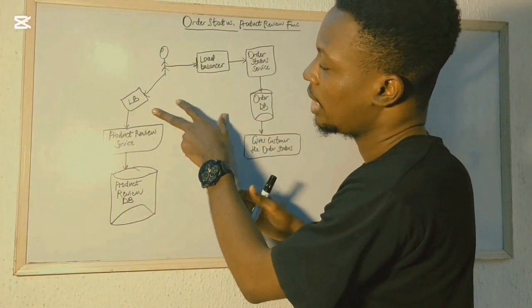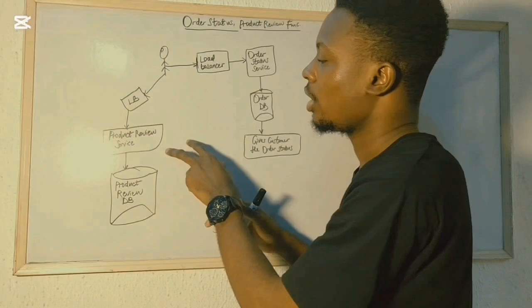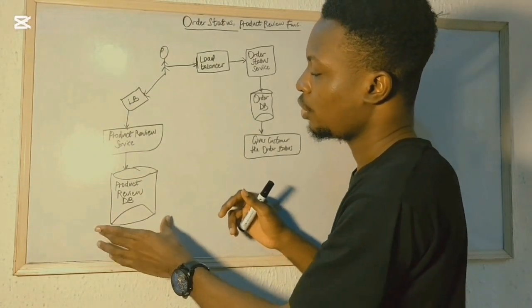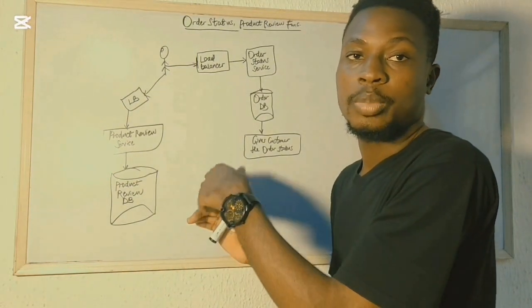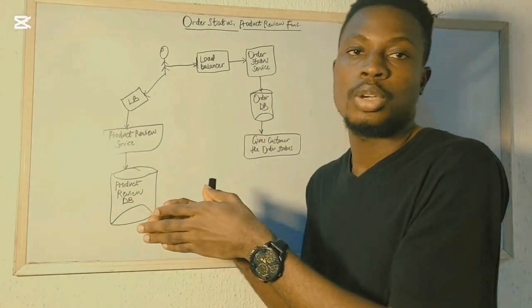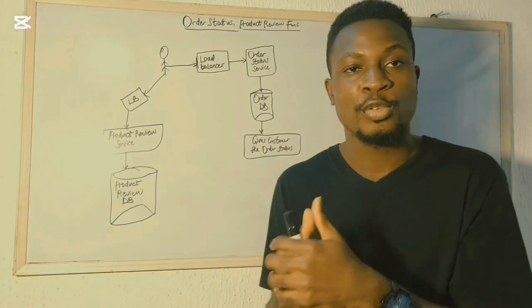The request hits a load balancer, and our load balancer sends the request to our product review service. Our product review service saves that review to our product review database. And when anybody comes to that product and they scroll down, they're going to see what your review is about.